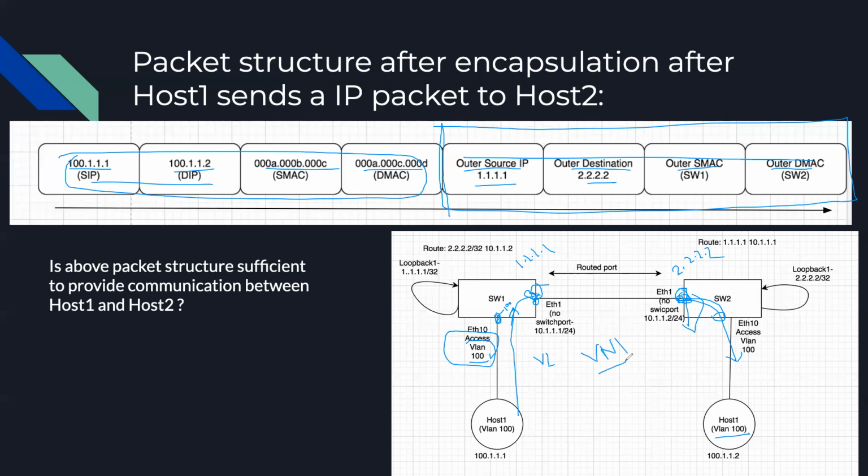So for VLAN 100, let's say we have VNI 100. So we will also add VNI 100 here, so that when we decapsulate the packet, we know that this packet belongs to VNI 100, which further points to the VLAN to VNI mapping, where VLAN 100 points to VNI 100.